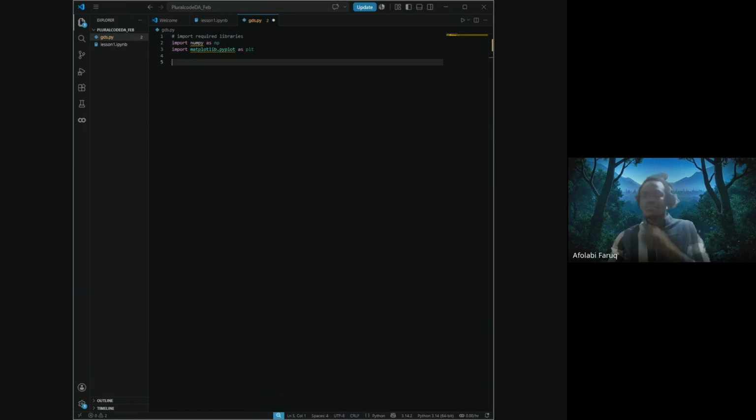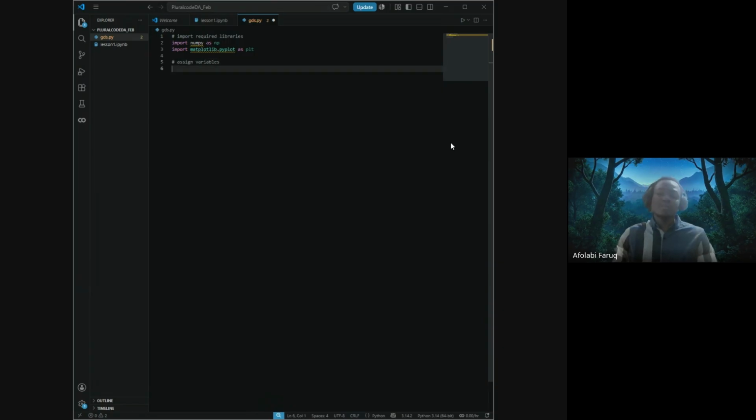The next thing we are going to do is to assign variables. What that means is, for example, things like weight. We talked about weight while we were proving backpropagation. We realize that weights are initially randomly assigned values, so that will be assigned as well.